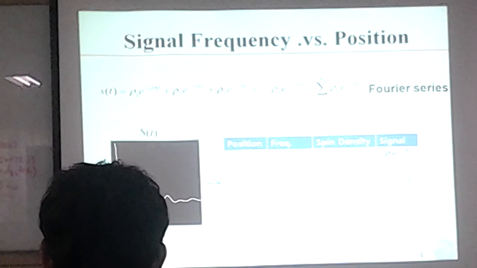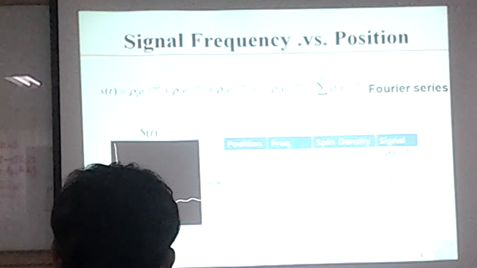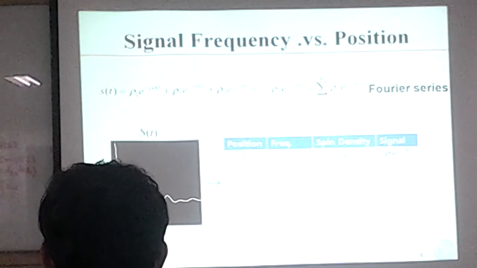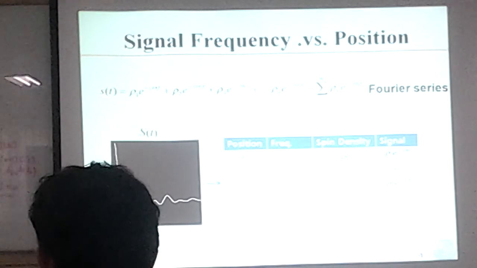If there are n pixels, then n signals are generated from each pixel, and each has a different precession frequency, right? According to the gradient.